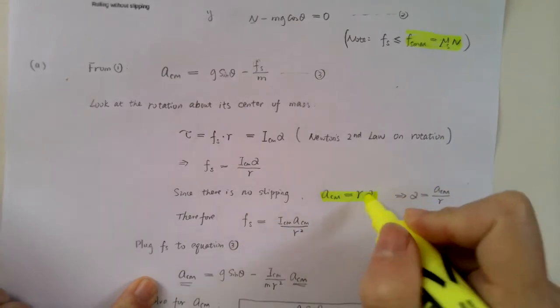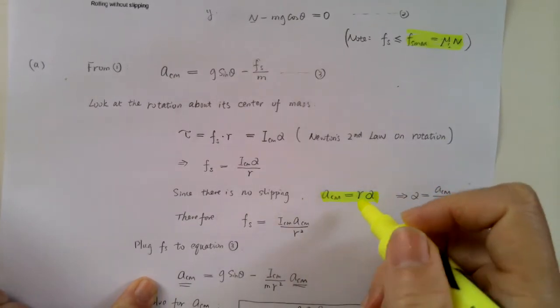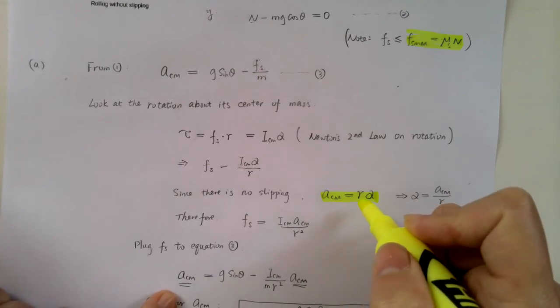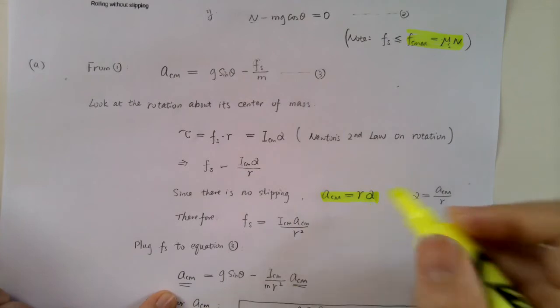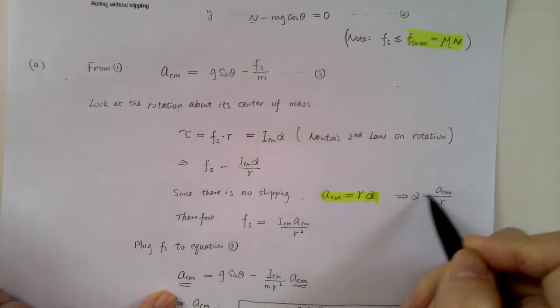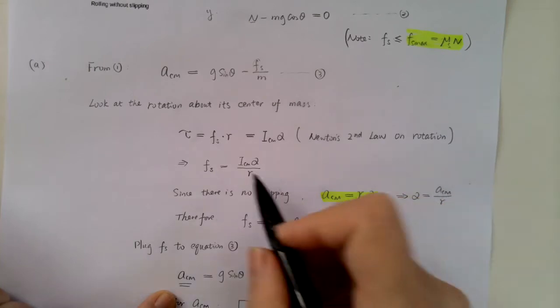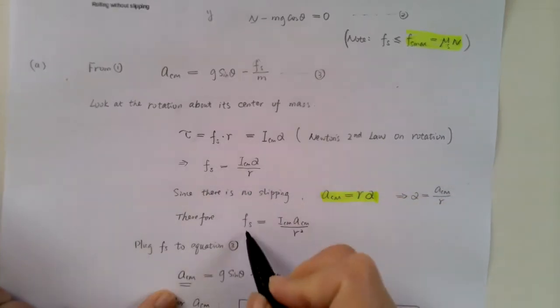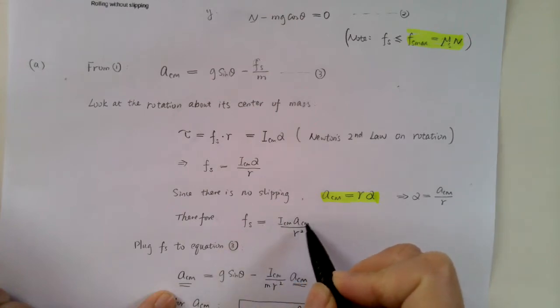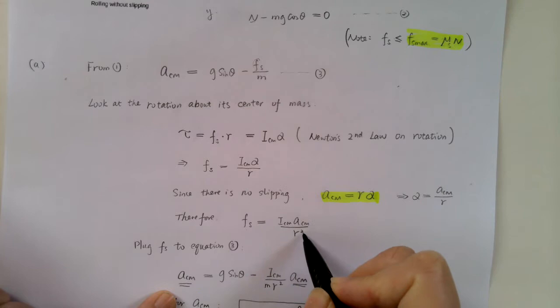ACM and alpha are related by the radius of the cylinder R. So ACM equals R alpha. So what I can do now is solve for alpha in terms of ACM and plug it into the expression of Fs. Now I have Fs equals I times A center of mass over R squared.